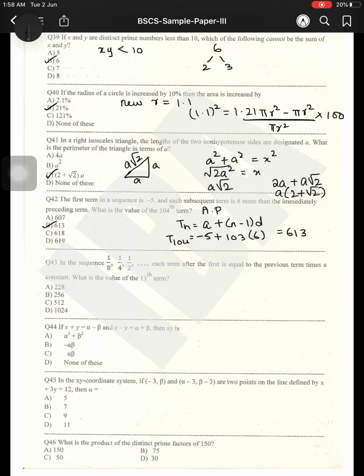So you're going to get 613. So that is B.